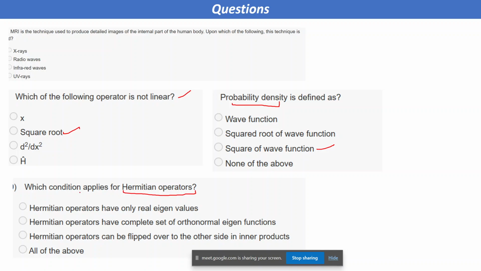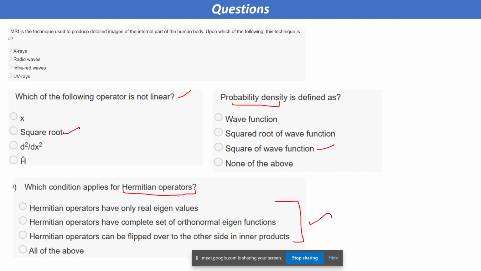Hermitian operators have real eigenvalues. They have a complete set of orthonormal eigenfunctions. They can be flipped over to the other side in inner products, or all of the above. So, which conditions apply for Hermitian operators? All these conditions are true.